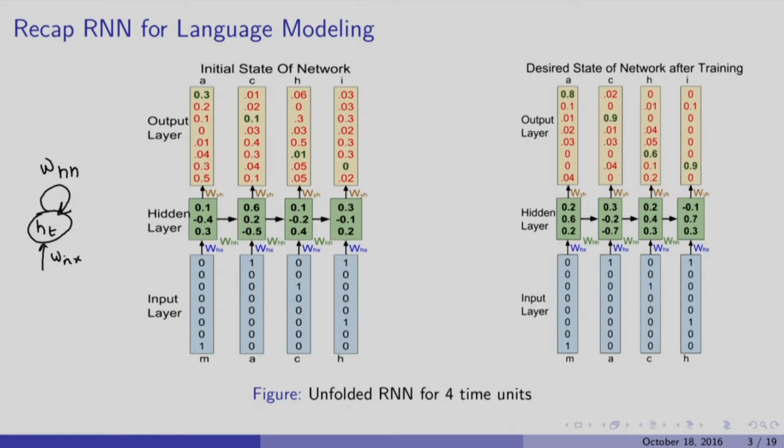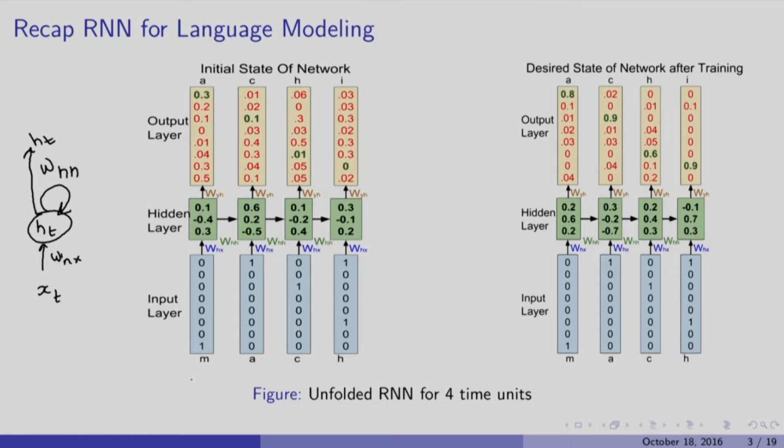WHX as a weight from the input to the hidden layer, and of course the output of this hidden layer did go onto the next layer HT. XT was the input at time t.